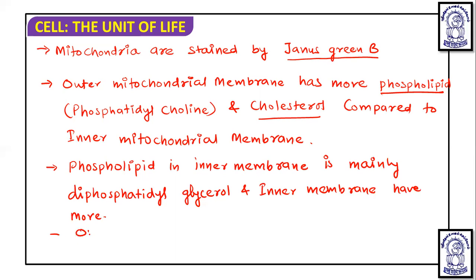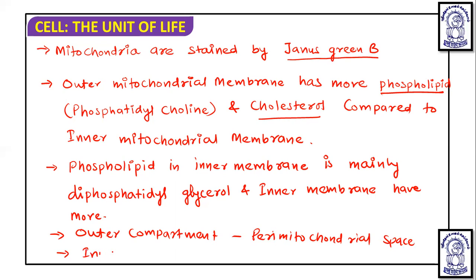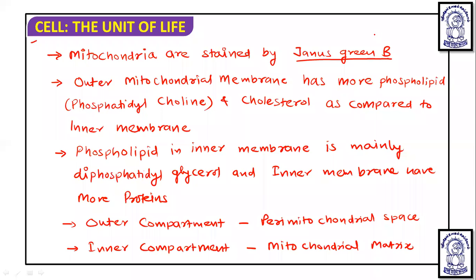So we can say that the outer compartment is the perimitochondrial space and the inner compartment is the mitochondrial matrix. So such two types of compartments are formed due to the outer and inner membrane.